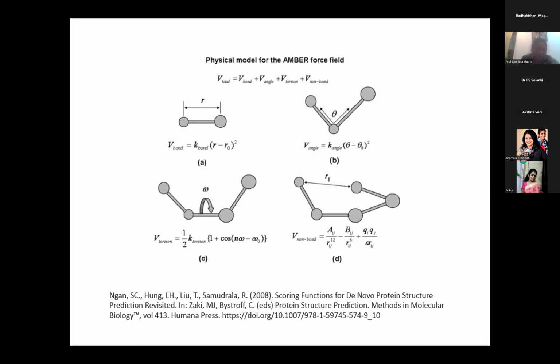I have given here the reference of a publication where you can see how the force fields, because they are the most widely used ones in the molecular docking calculations, can be calculated. Some formulas have been shown here as an example.